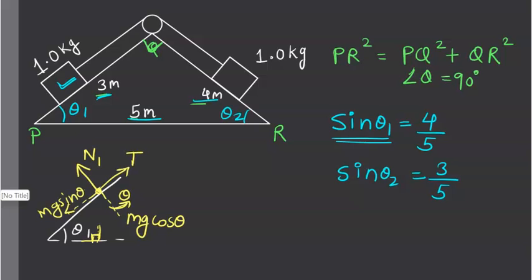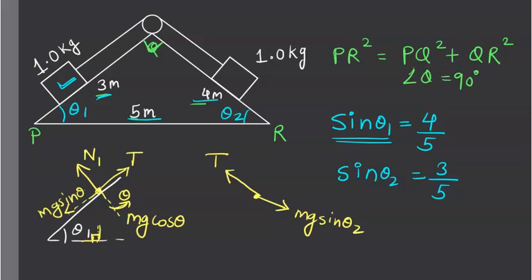Now if you similarly do it for the other block, you will find the same thing, but it will be the mirror image of this. So for the other block I will draw the free body diagram. There will be tension like this, there will be mg sin theta 2.